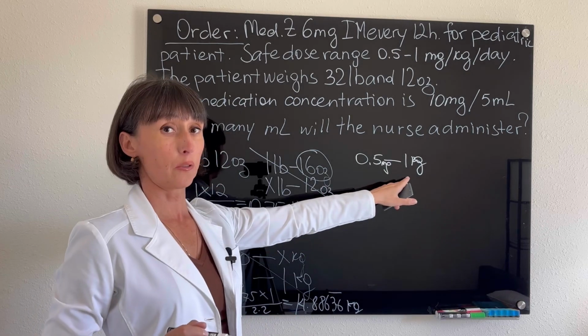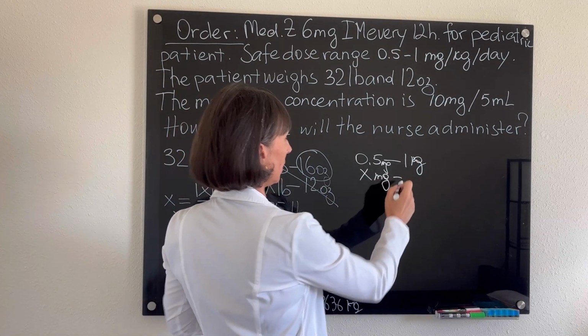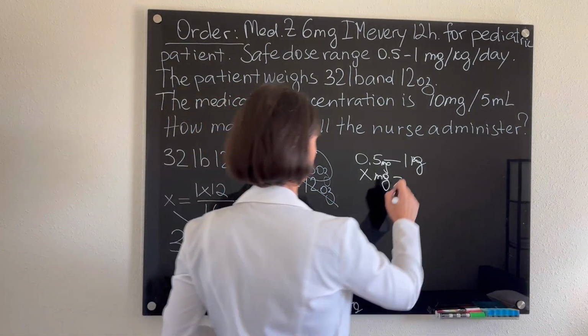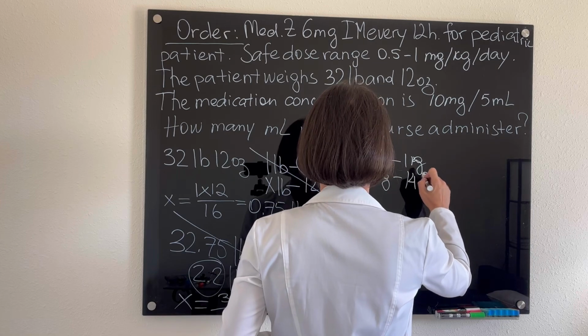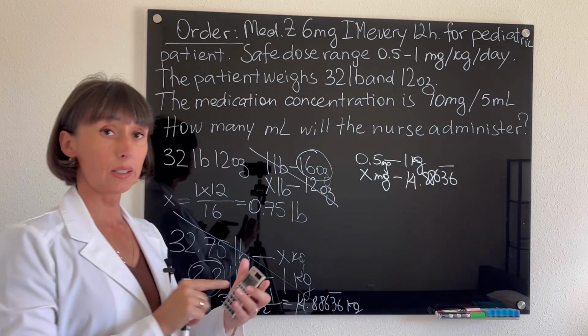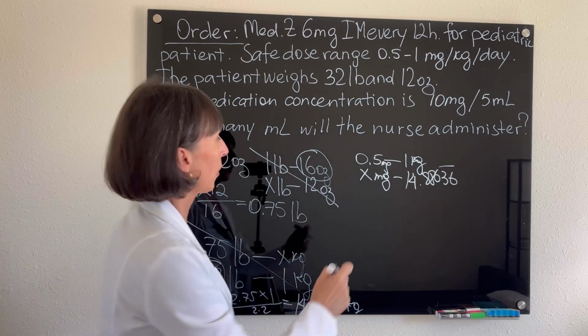.5 milligram is for 1 kilogram. X milligram is for this number of kilograms. And I did not delete this number from my calculator. I'm just going to go ahead and work with this number right now.